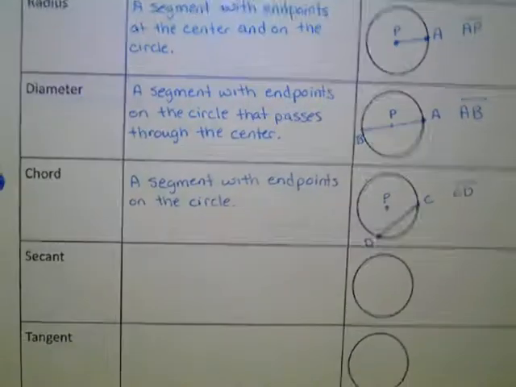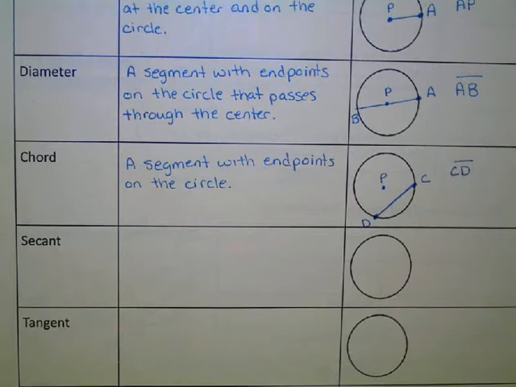Alright, a secant. The difference between a chord and a secant: a secant needs to extend outside the circle. It's a line that intersects the circle in exactly two places.